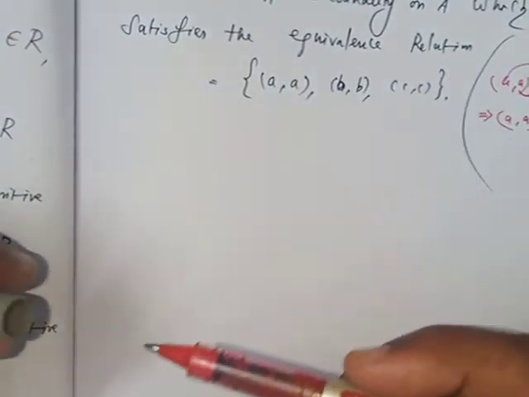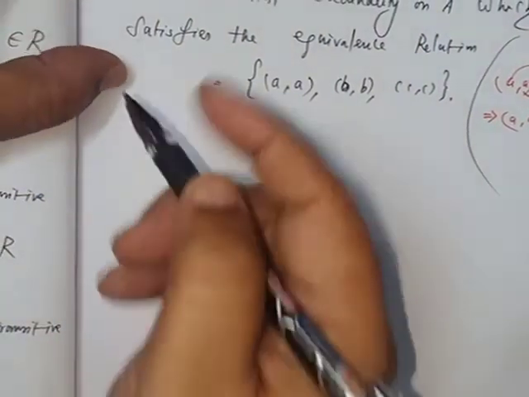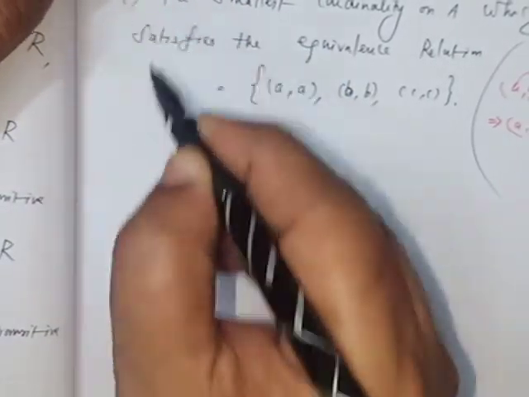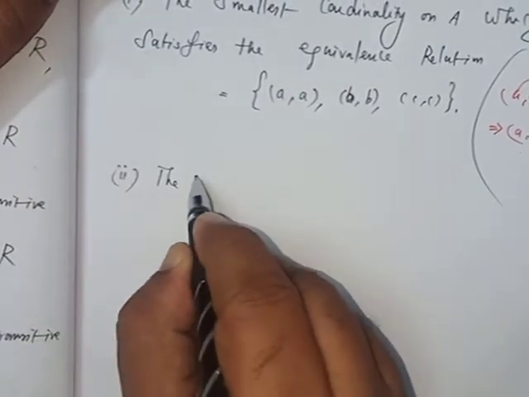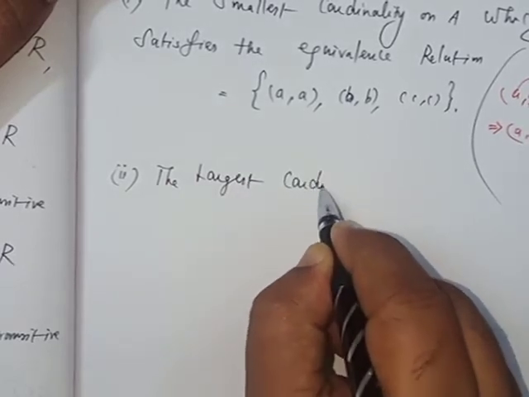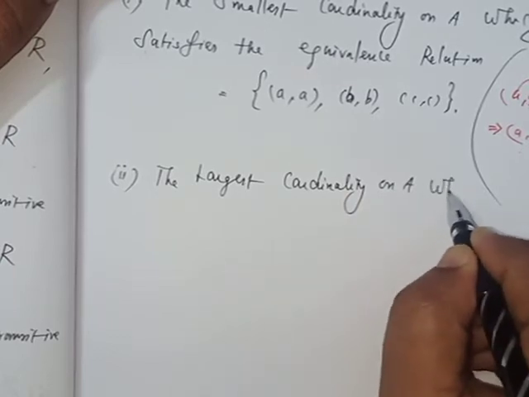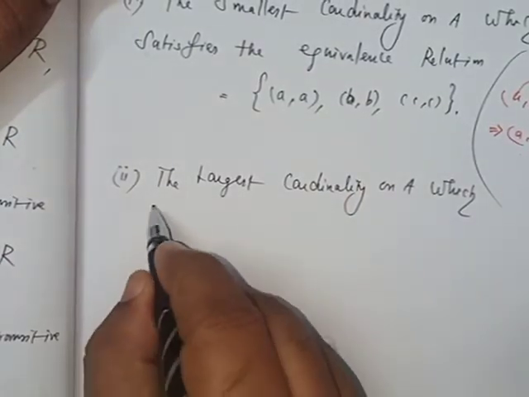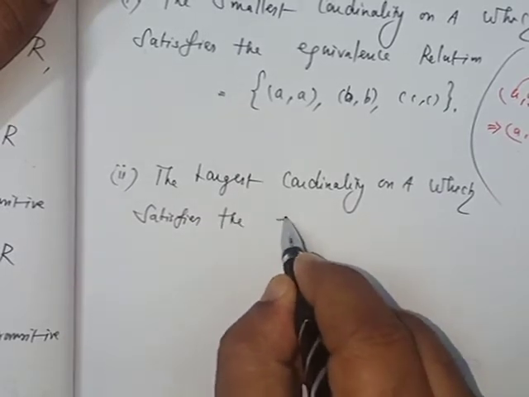Okay, now we can go for the second one. This is the first one. Second one, the largest cardinality on A which satisfies the equivalence relation.